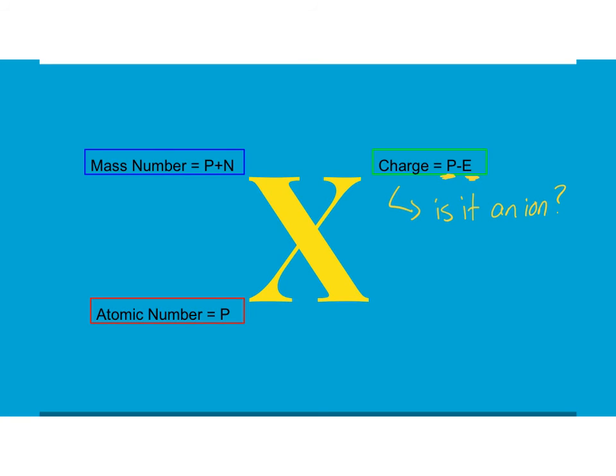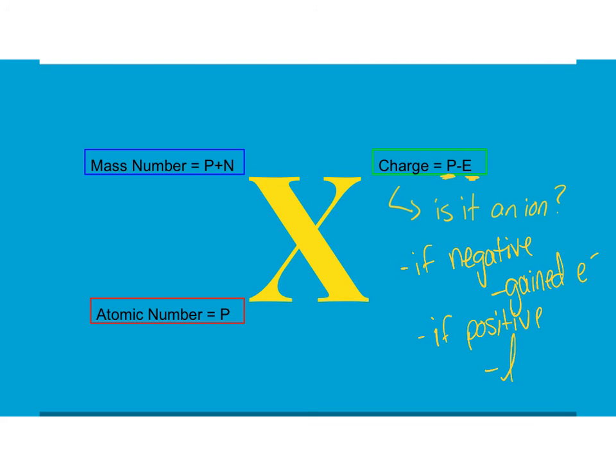So if we end up with a negative, it gained electrons. If positive, it lost electrons.